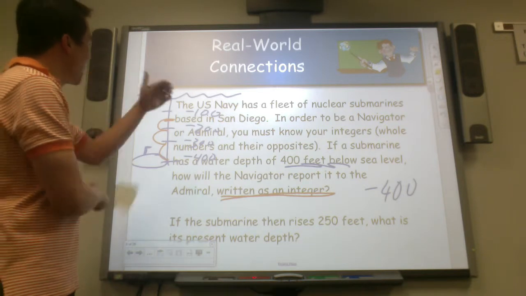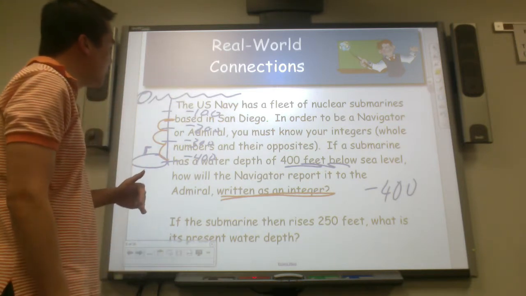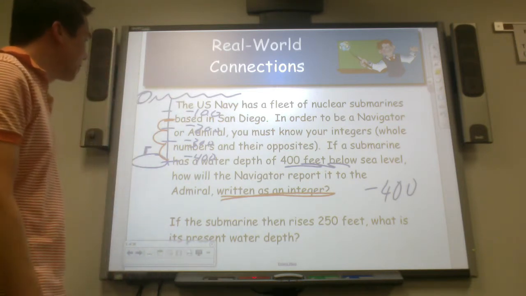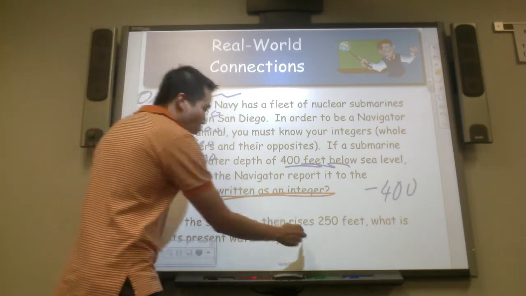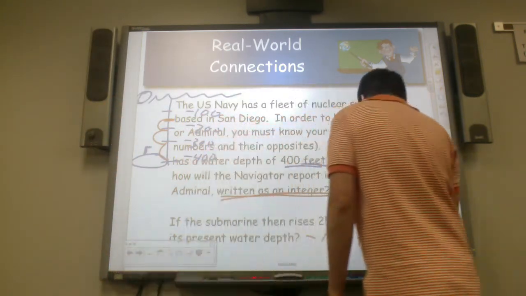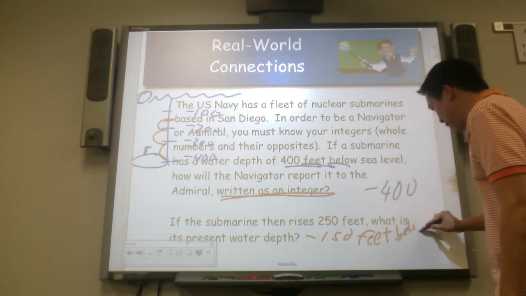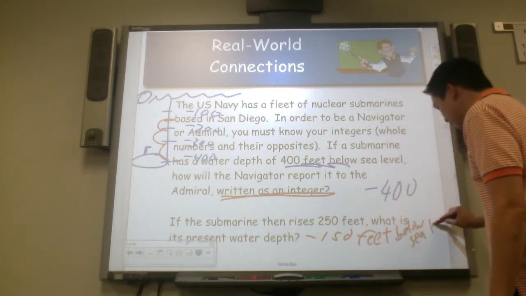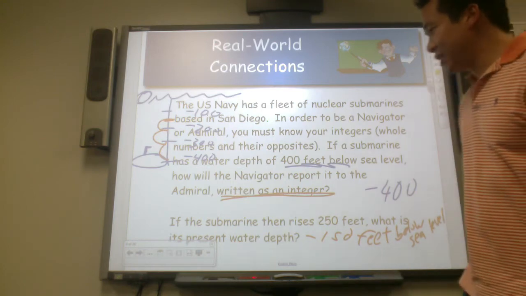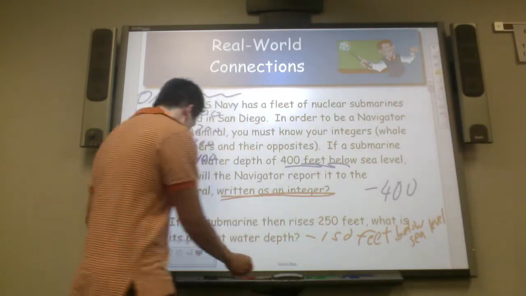What integer is between negative 100 and negative 200? Negative 150 feet below sea level. So that is its present water depth.